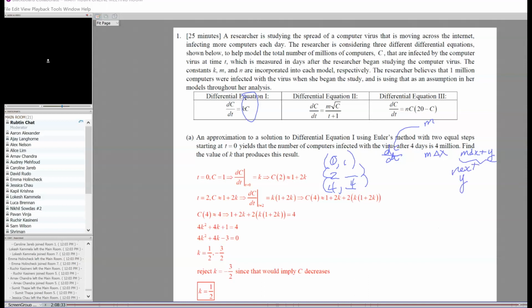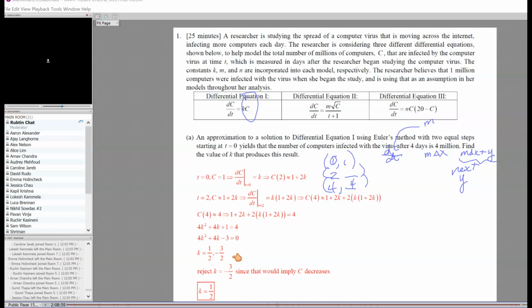And then, as you're doing this, you start to get extra k's, because I don't know what the k value is. It's just part of my differential equation. So when you get to 2, well, here's the one that you got from before. So you apply the differential equation, you solve it, and you get this quadratic. So at 4, you've got a crazy quadratic, which if you simplify and move the 4, you're going to get 2 different answers. You'll get 1/2 and -3/2.